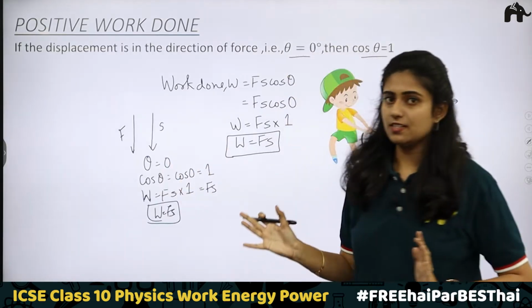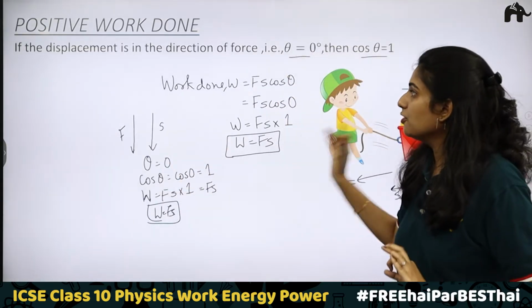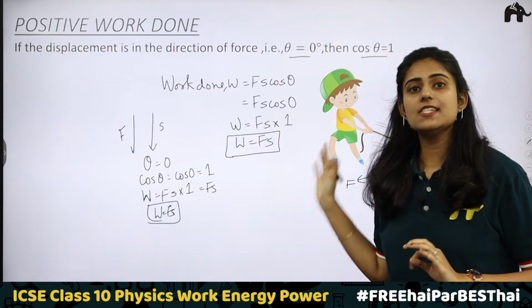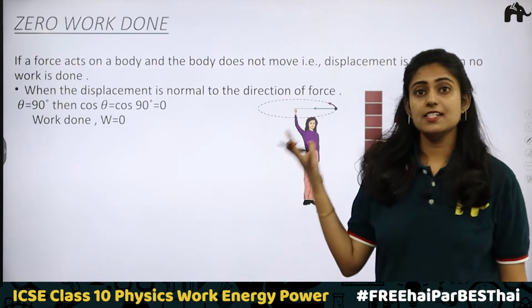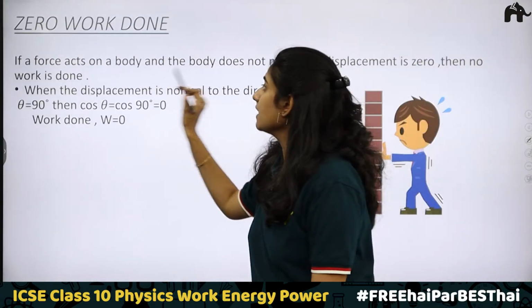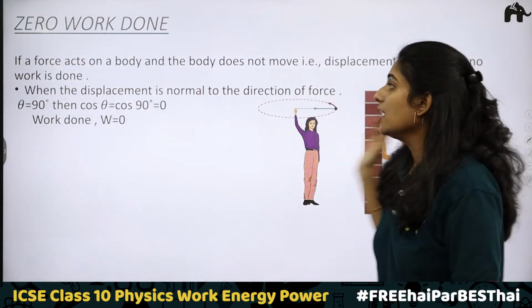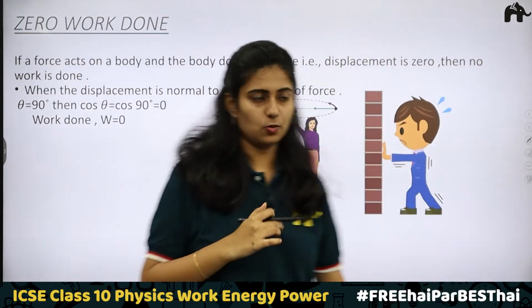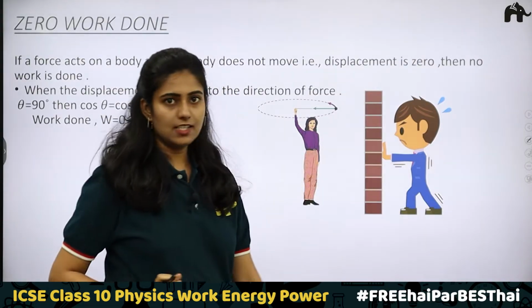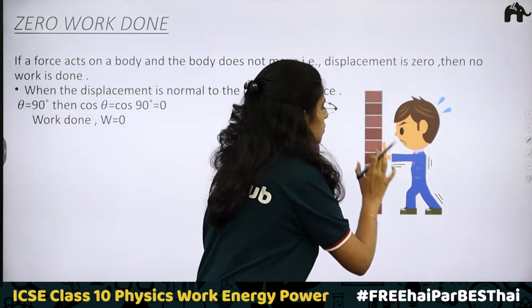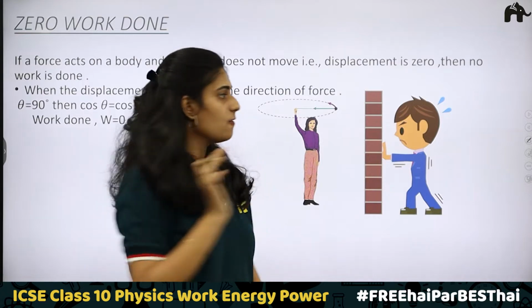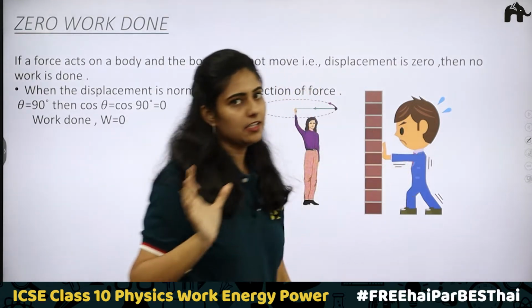Understood what is positive work done? Just remember, force and displacement will be in the same direction. Next is zero work done. If a force acts on a body and the body does not move, that is displacement is 0, then the work done is 0. Consider this case: a boy is pushing the wall. While pushing the wall, he is applying force.